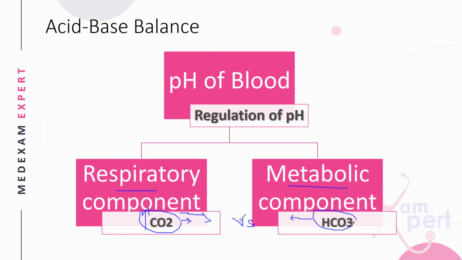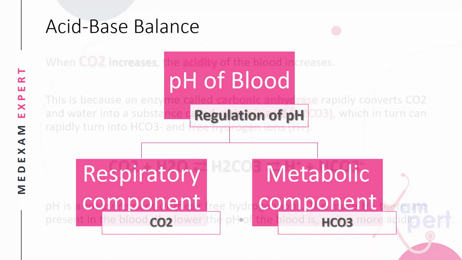At the same time, bicarb favors the direction of alkalinity, or wants to take the blood in the direction of alkalosis. So a CO2 increase leads to acidosis, while a bicarb increase leads to alkalosis. But of course, when both are in the normal range, the pH will be in the normal range.